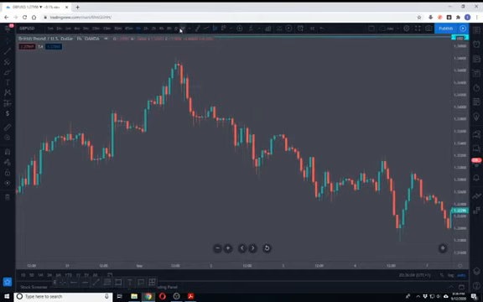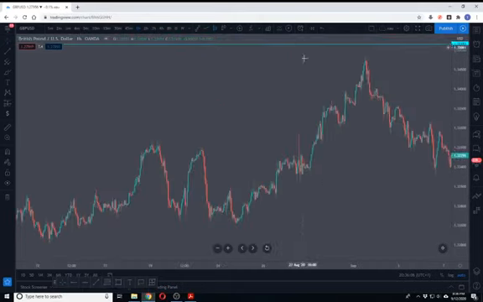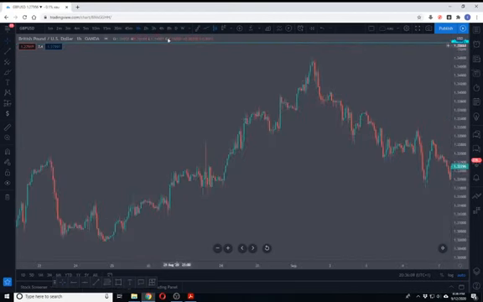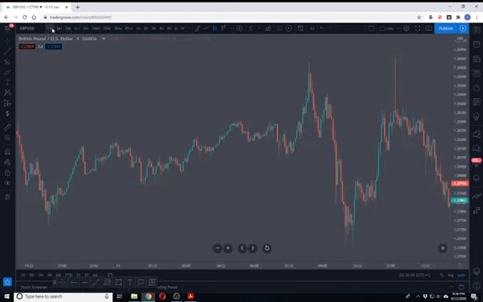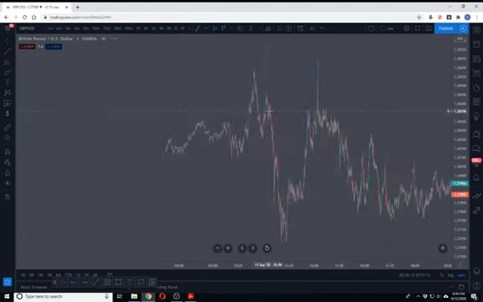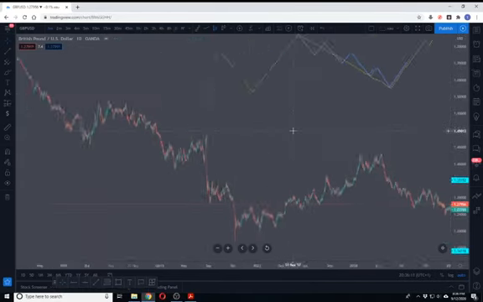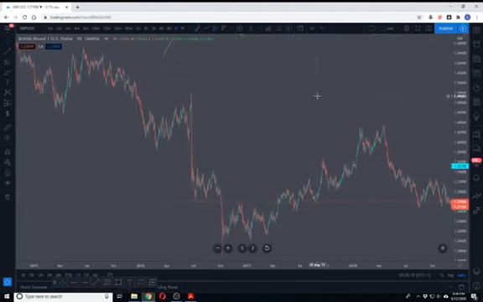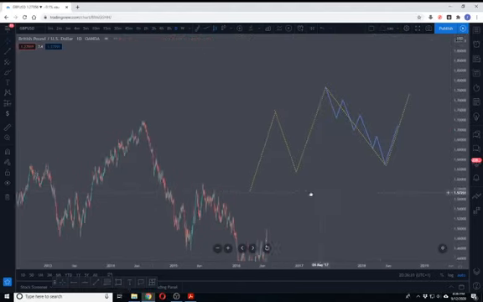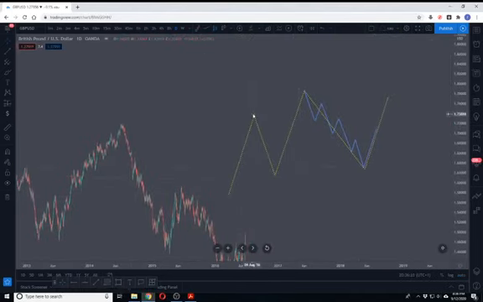So we've gone over from the higher time frames and we're coming down to the lower time frames, and if we go all the way down to the 1 minute time frame, actually, just to explain this in a different way, if you have a look at these yellow lines, these represent a higher time frame, but let's just say a daily, and these blue lines could represent the 4 hour.